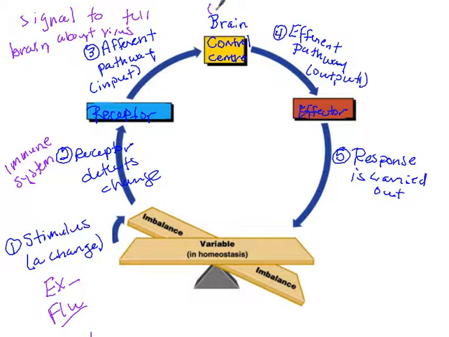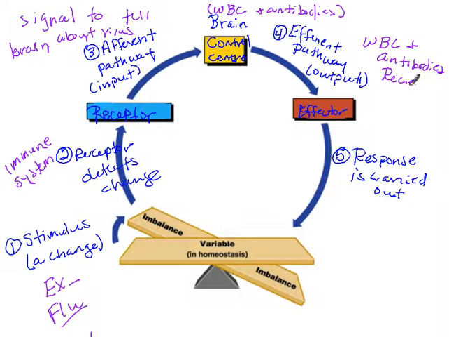So we're going to send some white blood cells and some antibodies to fight the disease. Okay, and so that's what's happening here on our efferent pathway. Our white blood cells and antibodies receive the message from the brain.